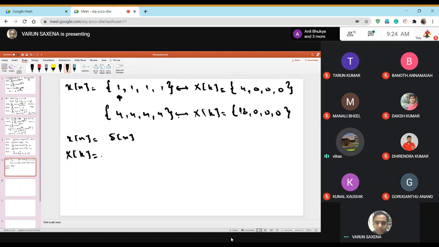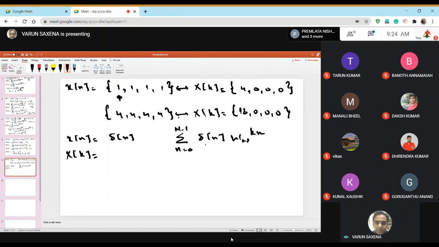Sir, 0. Not 0, because if you look at it, it will be delta[n] W_N^{kn}, right? This would be the expression, summed from n equals 0 to N minus 1. Now, not N, it will be 1.